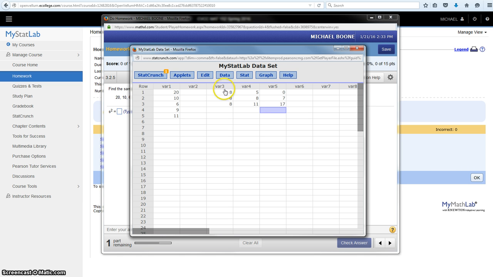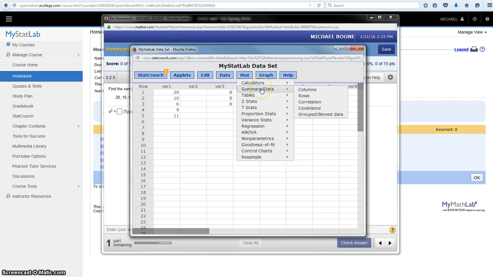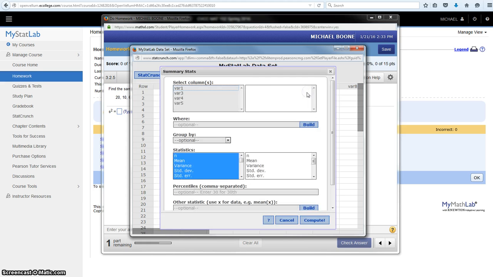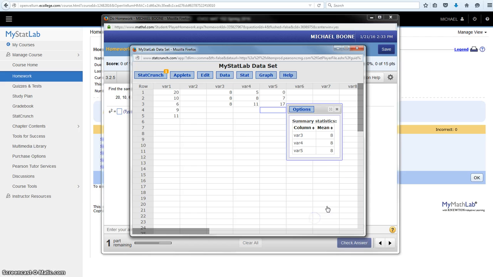If I was looking at the mean of these numbers, we could do that real quick. Do summary stats, columns 3, 4, and 5, and I just want to know what the mean is. Well, the means are all 8, but I have different data, right?